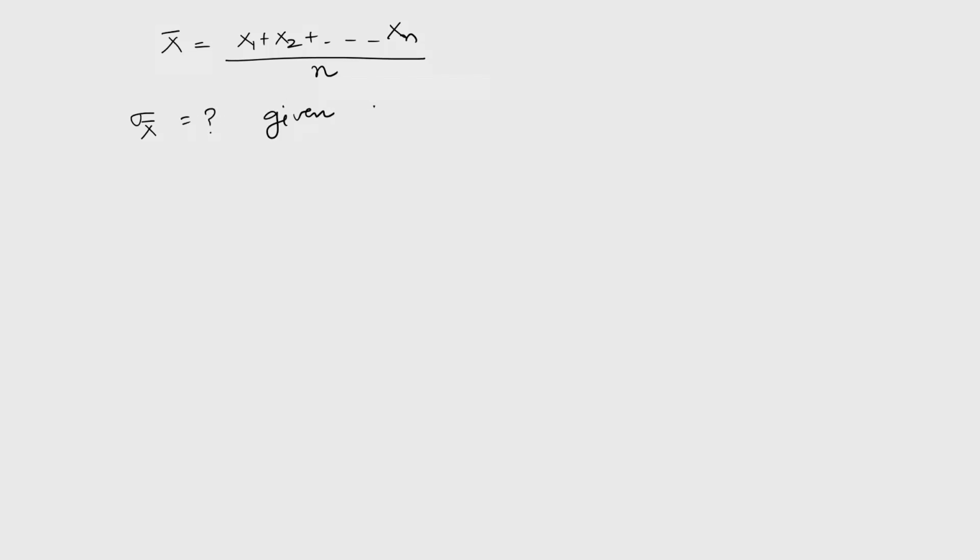Given x1 is coming from some distribution which is normal, with standard deviation plus minus sigma x1 here. Okay, x2 is coming from some distribution which is normal, but sigma x2 is its standard deviation. Similarly, x3 is coming with sigma x3 here, and so on. So xn is coming with sigma xn. That means these are the standard deviations of these values.